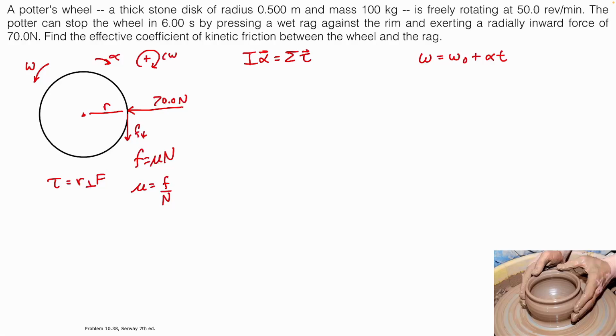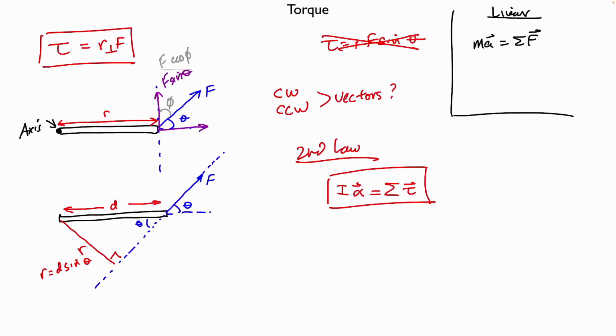The other thing I just realized I forgot, thank you, is the units of torque. What are the units of a distance? Meters. What are the units of a force? Newtons. So the units here appear to be a Newton times a meter, which we've run into before. A force times a distance is work. It's also a Newton times a meter. We don't give torque a different unit name.